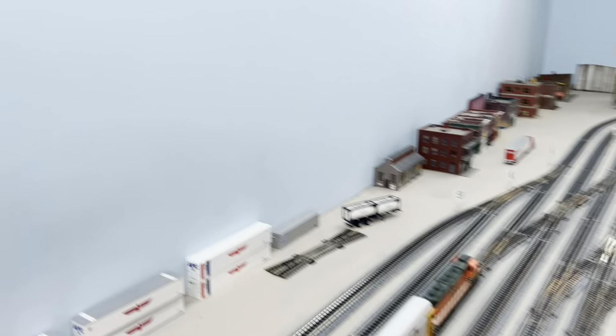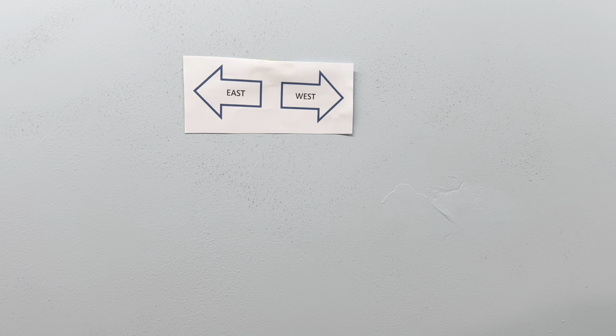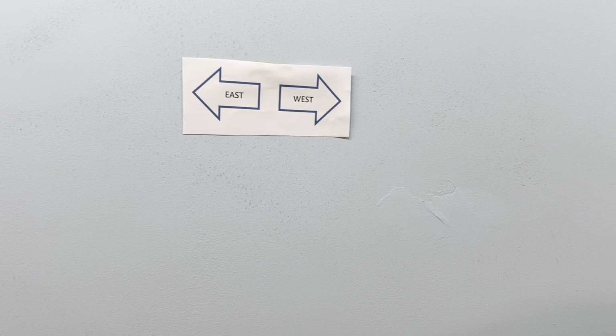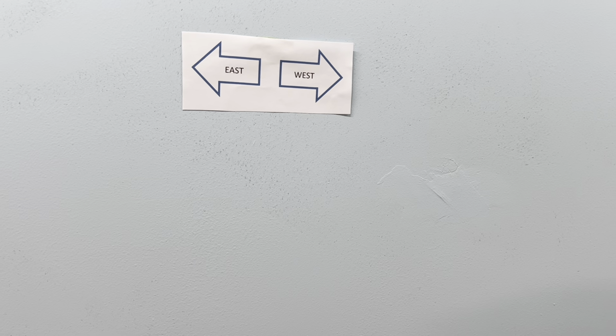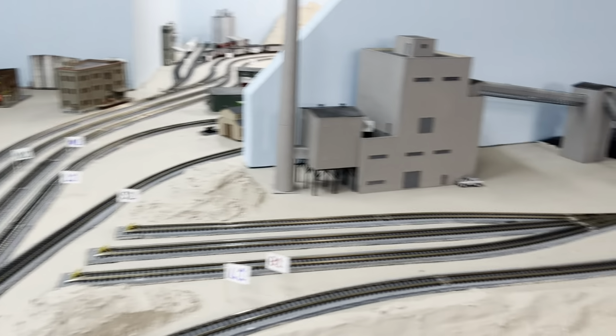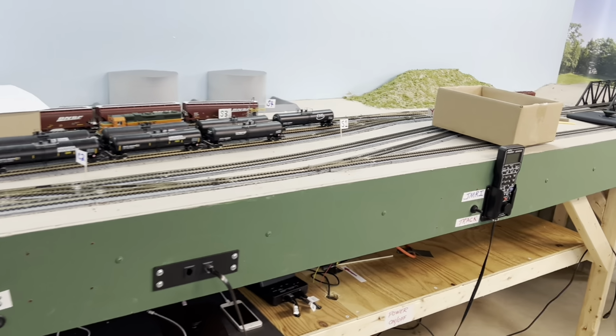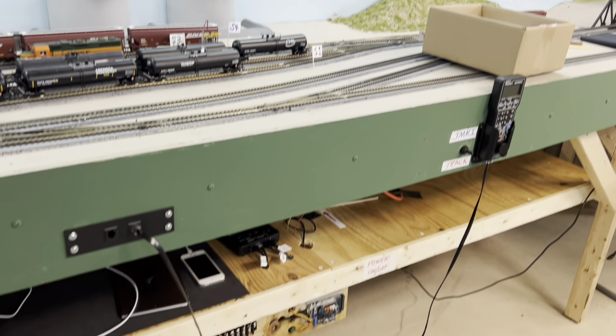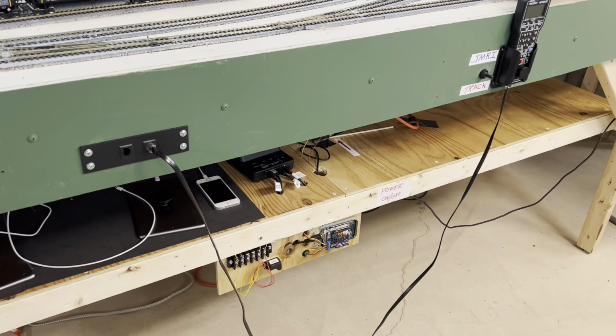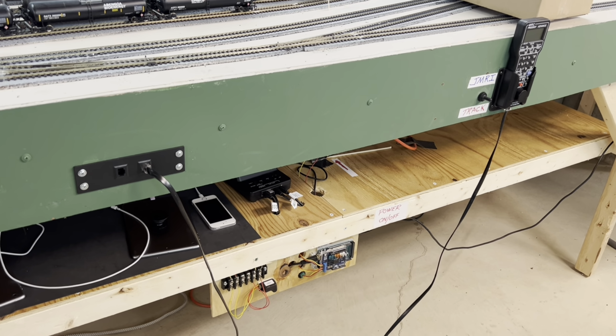The other thing I've done is added little directional signs up here. So if I say run west, you know which way west is, and that's kind of what I've done here to try and be organized for the crew. And I've got all my circuit protection set up.